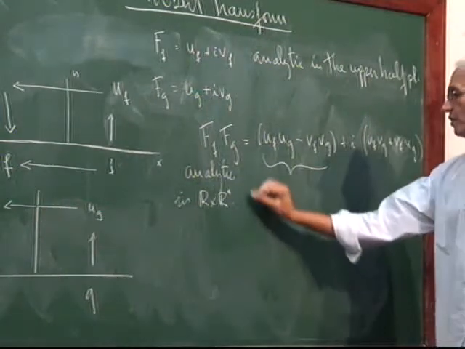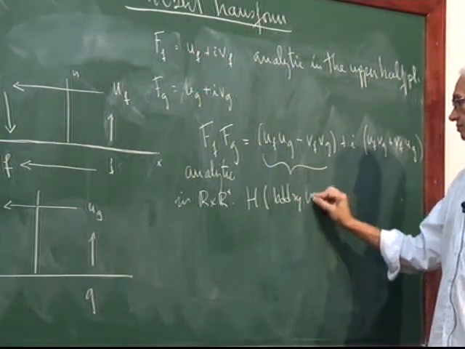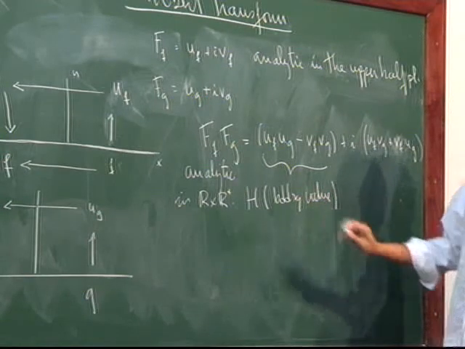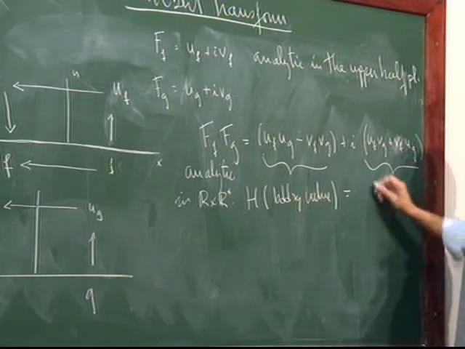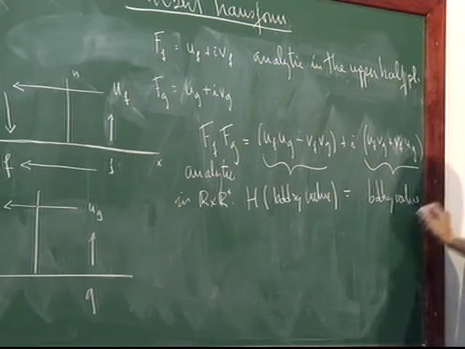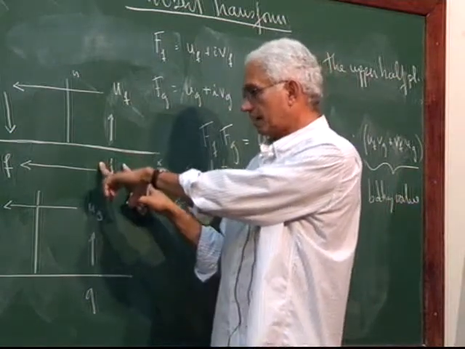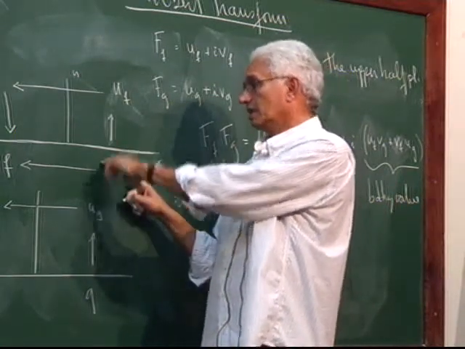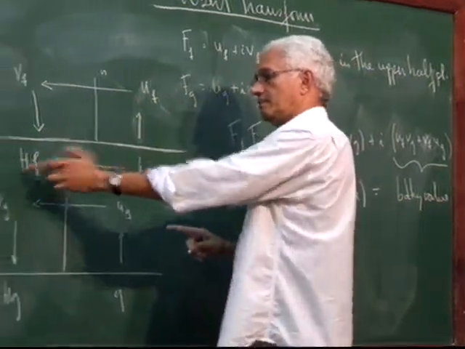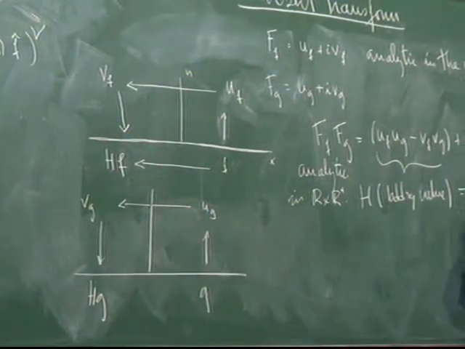Then the Hilbert transform of this boundary value is exactly this boundary value, because this is what you discovered. This is the real part, and the imaginary part is the Hilbert transform.